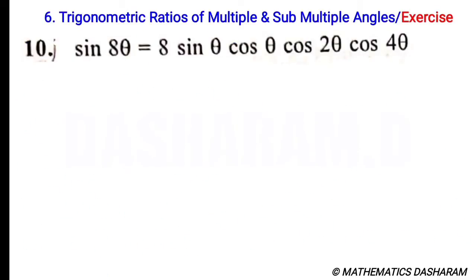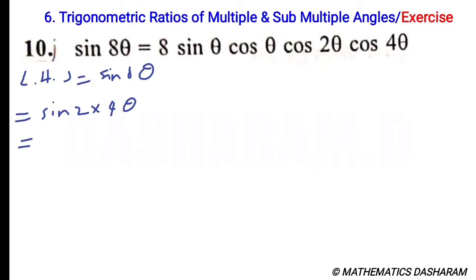10th question, sin 8 theta equals 8 sin theta, cos 2 theta, cos 4 theta. So it is a total product. So to get this answer, let's select the LHS first. So LHS equals sin 8 theta. So 8 theta I am writing as sin 2 into 4 theta.